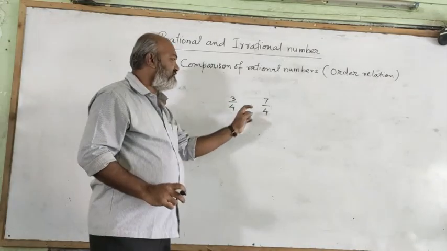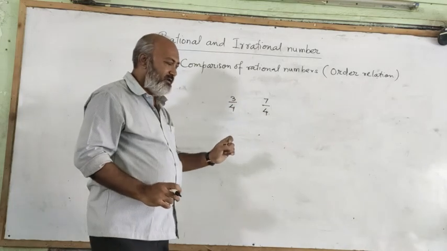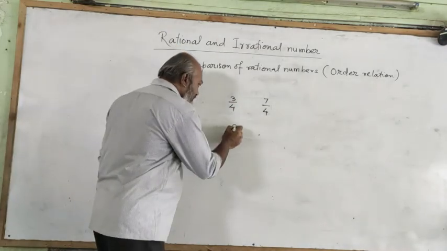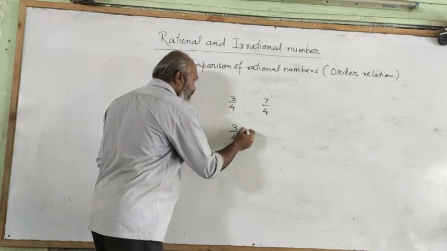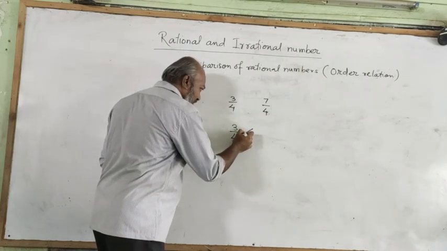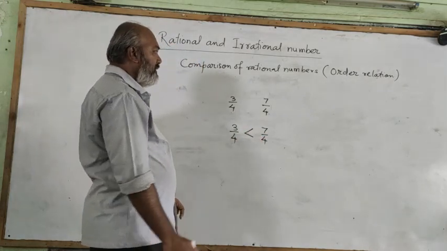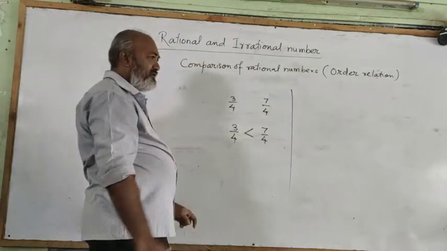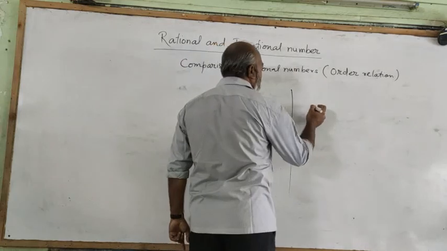3 is less than 7. Therefore, 3 by 4 is less than 7 by 4. The same question I am taking with the signs.